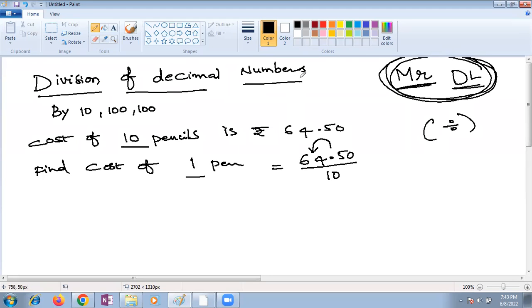Always remember Mr. Deal when you are doing multiplication and division. So here, division by 10 means one move towards the left side. 6.450. But the 0 doesn't have any value. You can write it as 6.45.